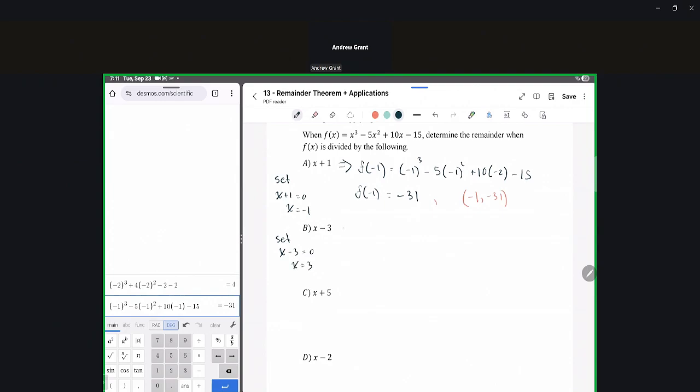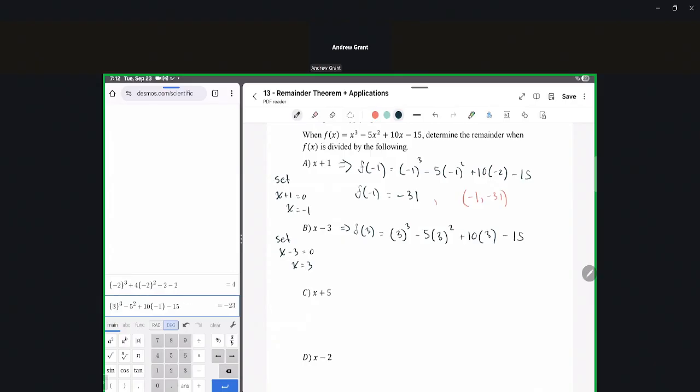And so what we're going to type in will be f of 3 is equal to 3 to the power of 3 minus 5 times 3 to the power of 2 plus 10 times 3 minus 15. And so I can just edit the entries on my calculator here.